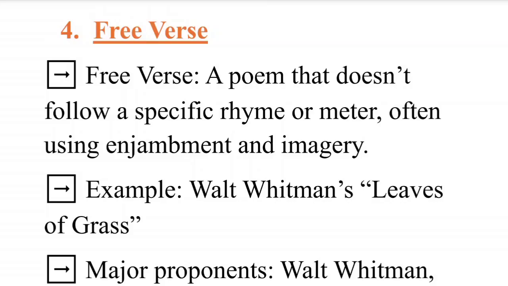But they use enjambment and imagery in this form of poetry, that is free verse. And the example is Walt Whitman's magnum opus, Leaves of Grass. Yes, Walt Whitman's Leaves of Grass is the major example for free verse.